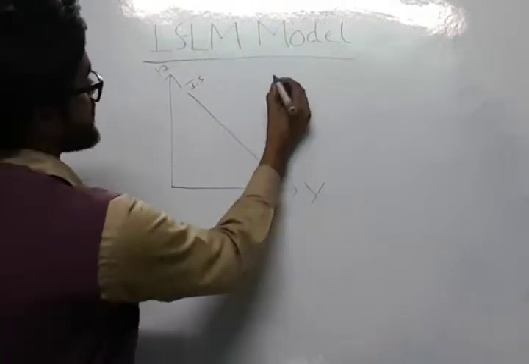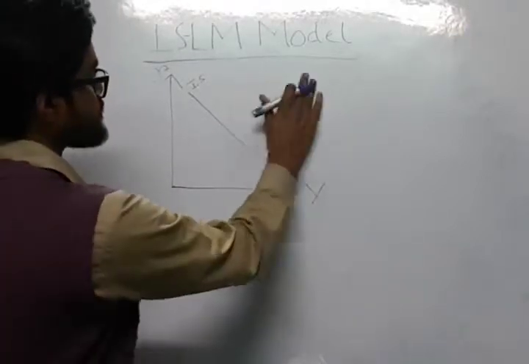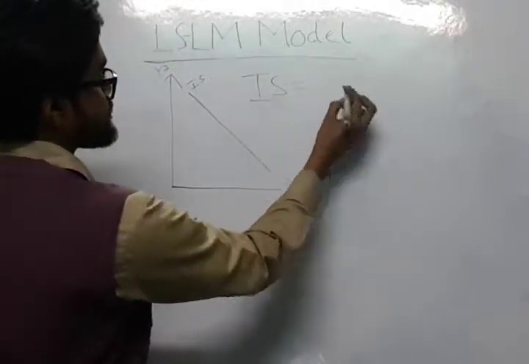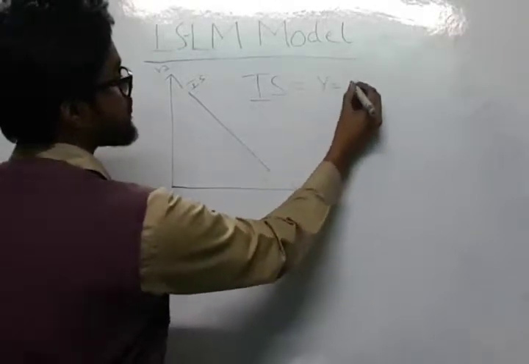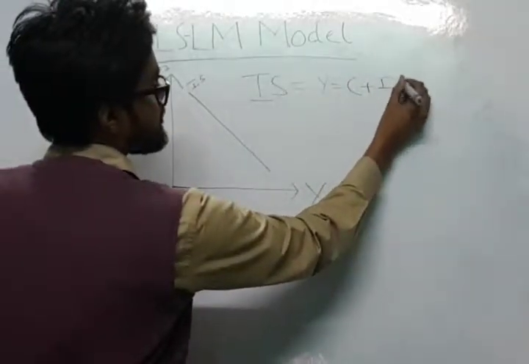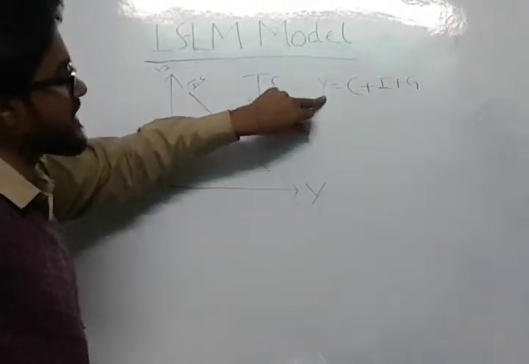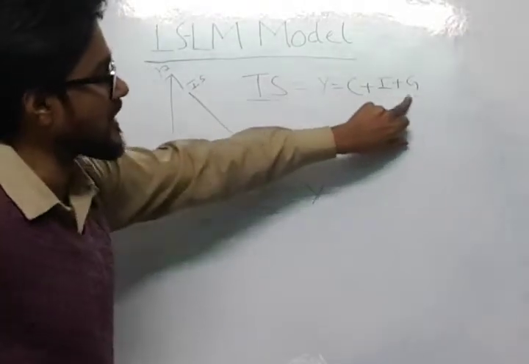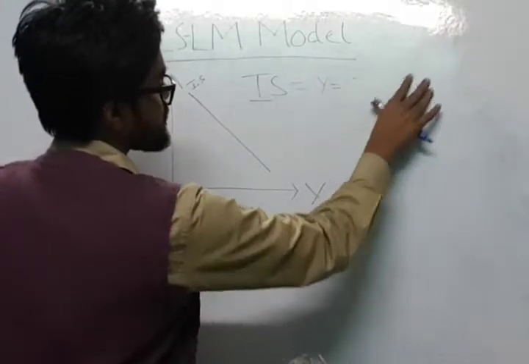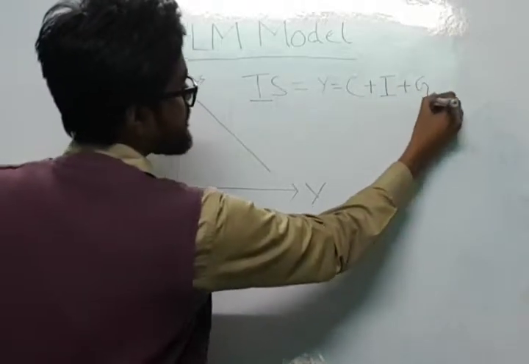when we talk about the IS curve. Now here we'll write down the IS equation, which is Y equals C plus I plus G. Here Y is the aggregate supply, or income, and the right side is the expenditure part, or the aggregate demand part, which is given by C, which is consumption, plus investment plus government expenditure.